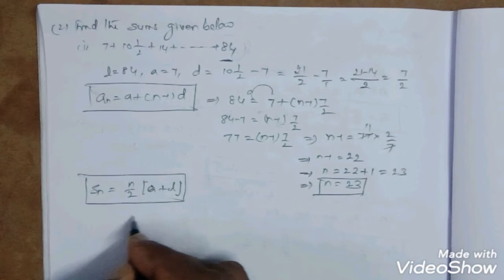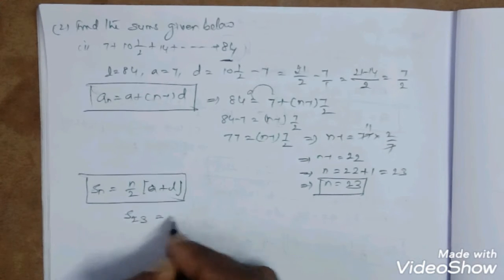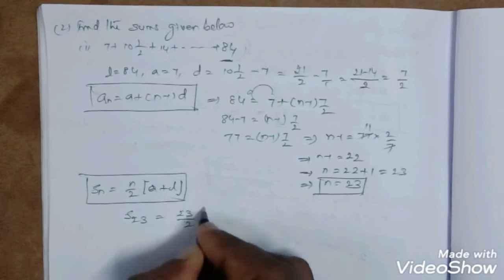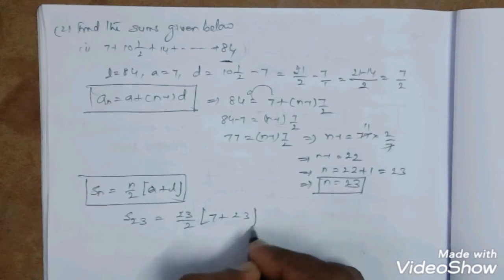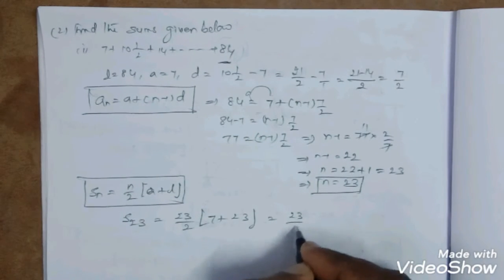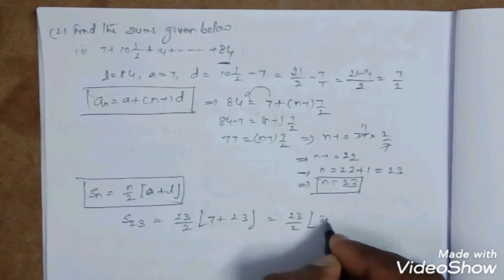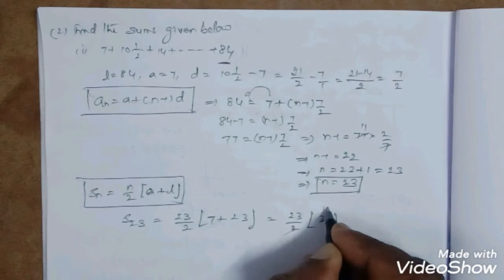So use this formula because the last term value is given to you. Now substitute in this, that is S23 is equal to 23 by 2 into a value 7 plus l. L is nothing but 23. Now here 23 by 2 into, add this, you'll get 30. Now cancel this with 30, you'll get 15.